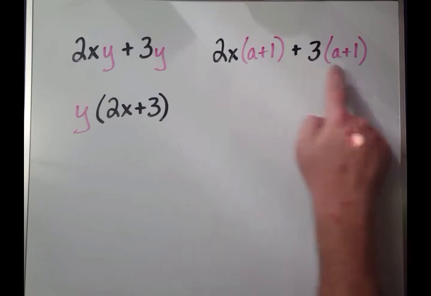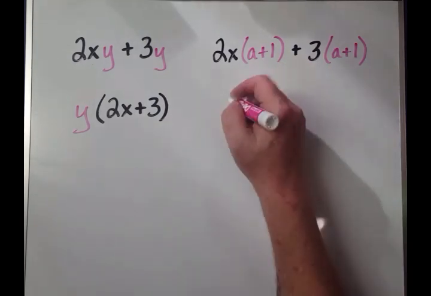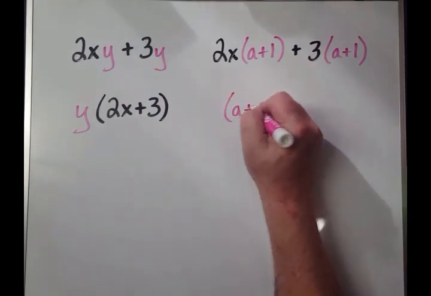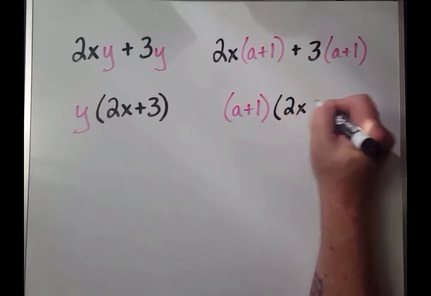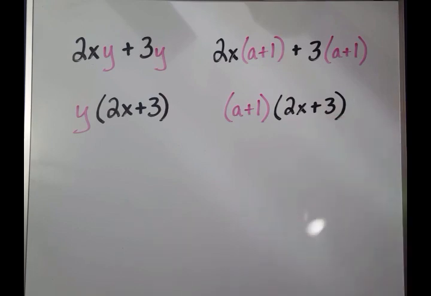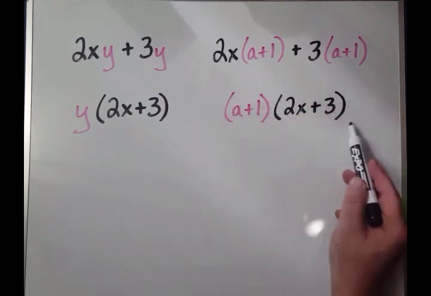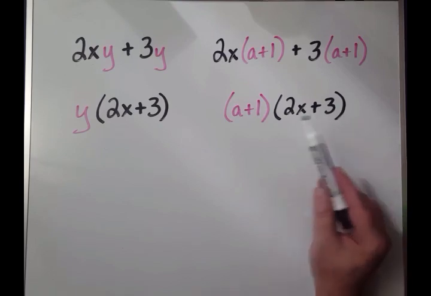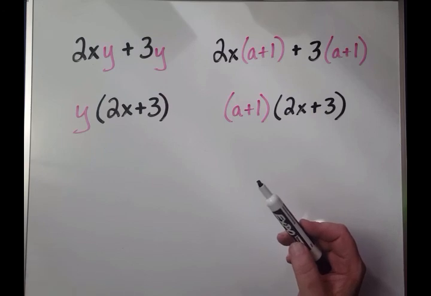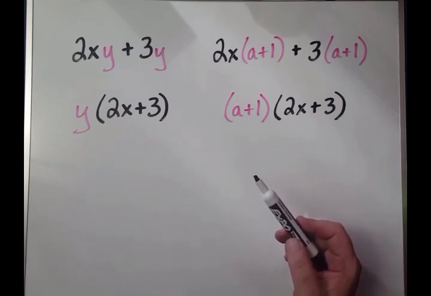Over here, I can factor out the pink binomial. Factor out that a plus 1. And what gets left behind? The 2x plus 3. Now, understanding this concept is absolutely critical before going on to the second part of this section, which we'll do next time.